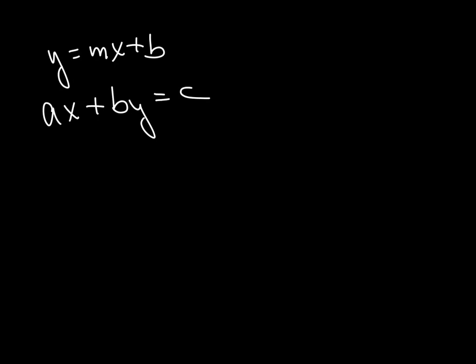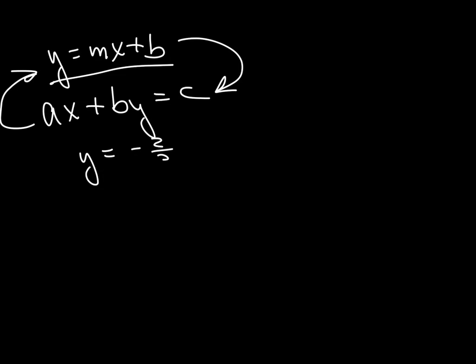I can write this in this form or this in this form. So for example, if I have y equals -2/3 x plus 1, that's in slope-intercept form. Let's say I want to write it in standard form.